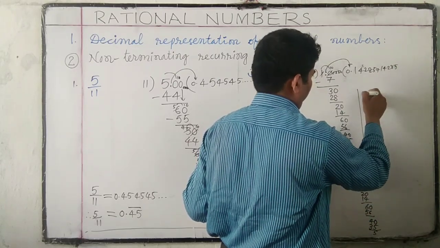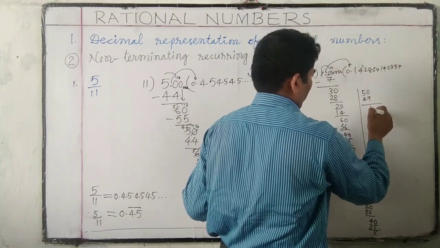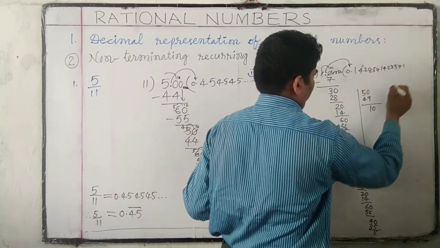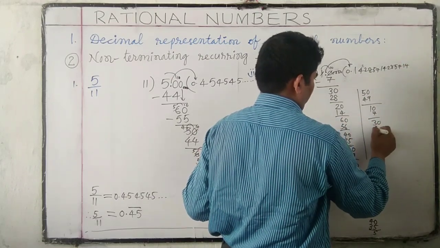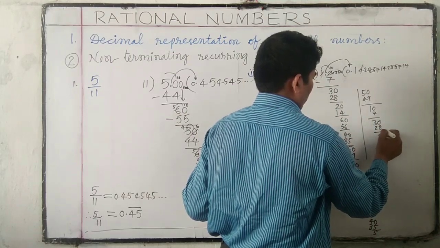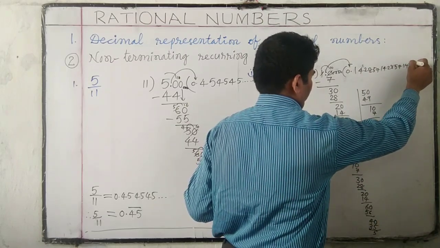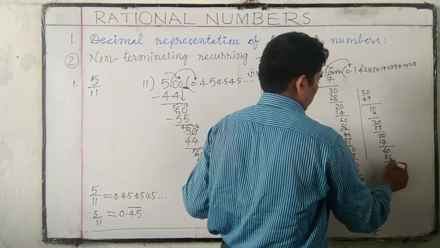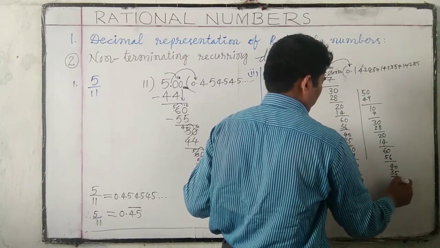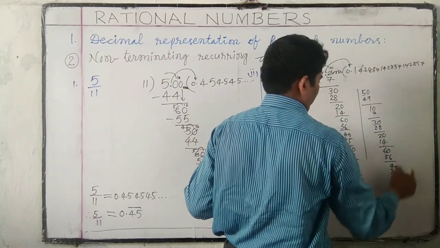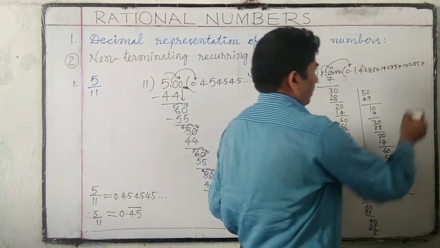Again we can continue here. 7 sevens are 49, remainder 1. 7 ones are 7, remainder 3. 7 fours are 28, remainder 2. 7 twos are 14, remainder 6. 7 eights are 56, remainder 4. 7 fives are 35, remainder 5. 7 sevens are 49, remainder 1.